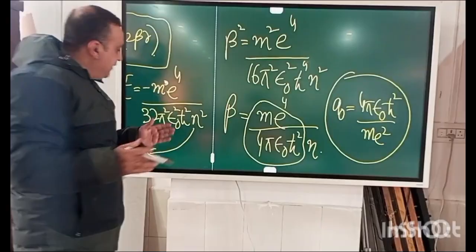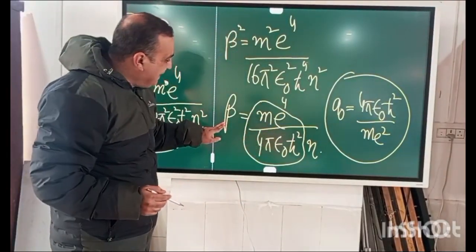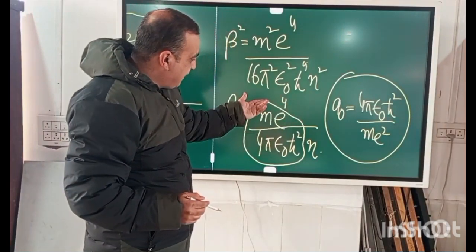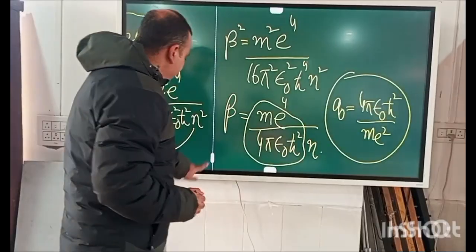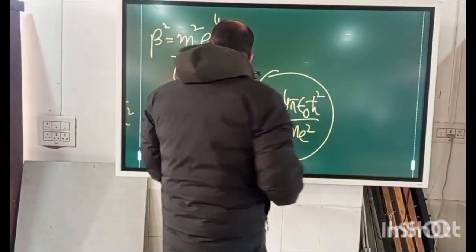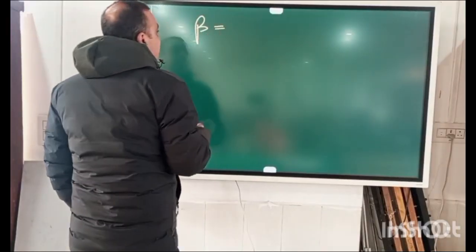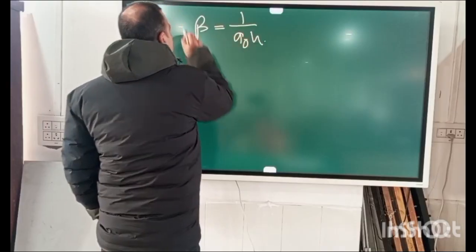So what will be beta then? Beta will be 1, because in the numerator there is 1, divided by a naught n. So I have got beta, which is 1 by a naught n.